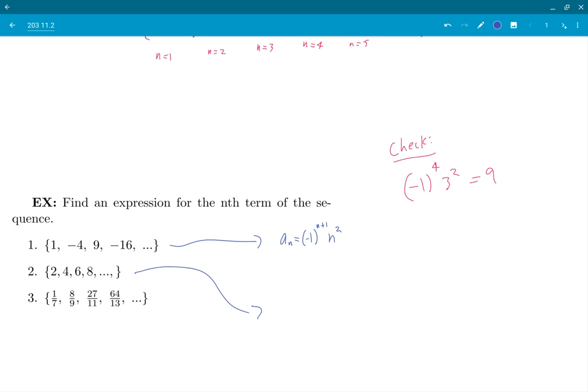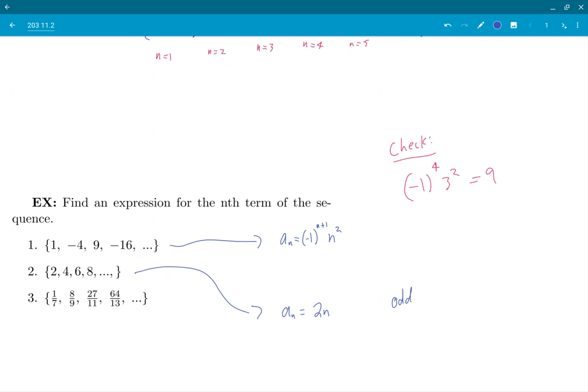Next, these are even numbers. So even numbers are easily described as just 2n. Okay.